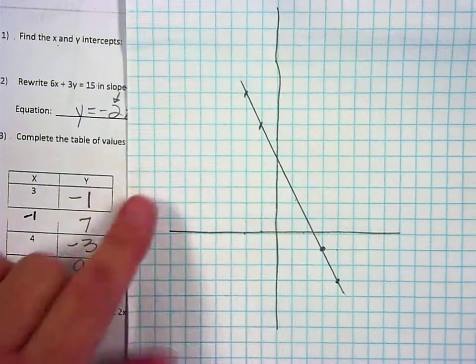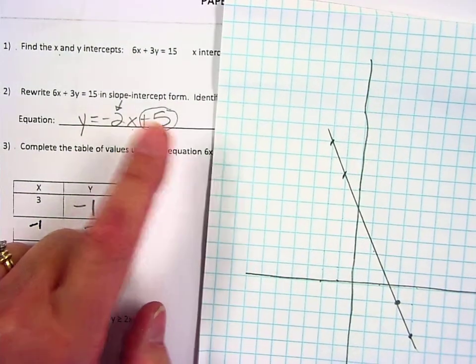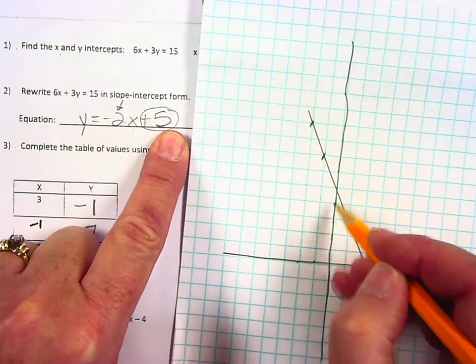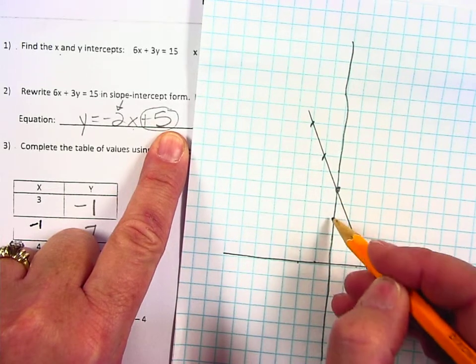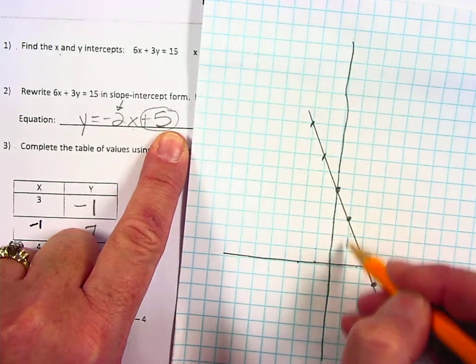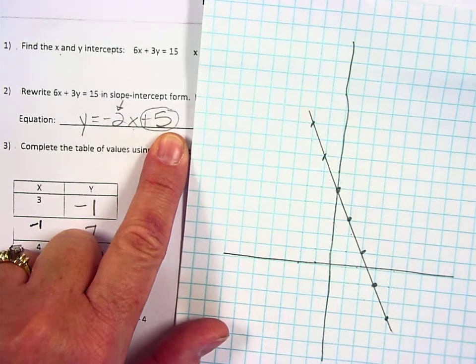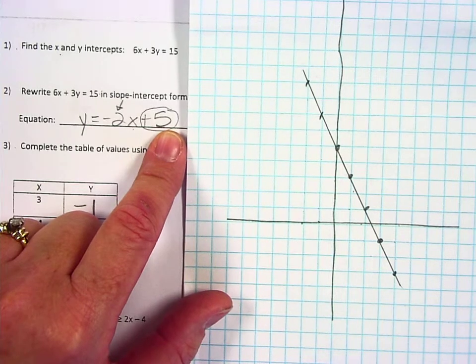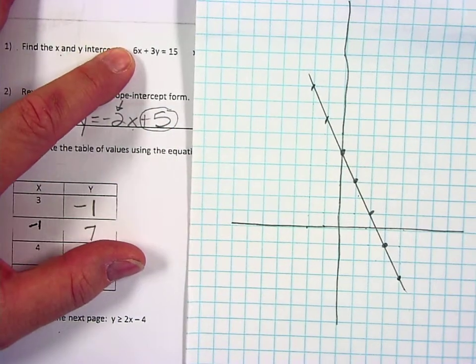Okay, now go back to this right here: y equals negative 2x plus 5. If I start at positive 5, yay, that point's on the line. If I go down 2 over 1, down 2 over 1, down 2 over 1, this is still the same equation and the same graph, which it should be because this equation is equivalent to the original equation.